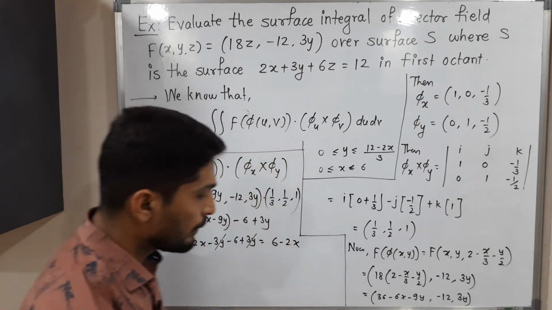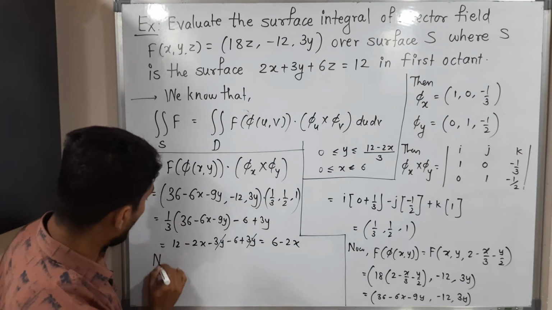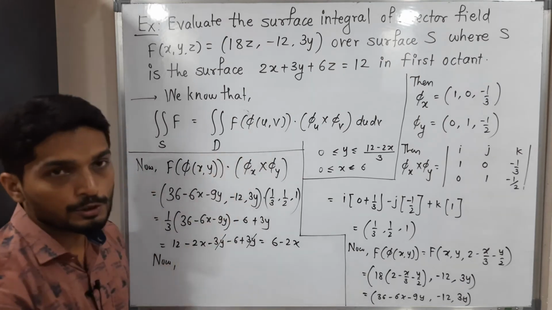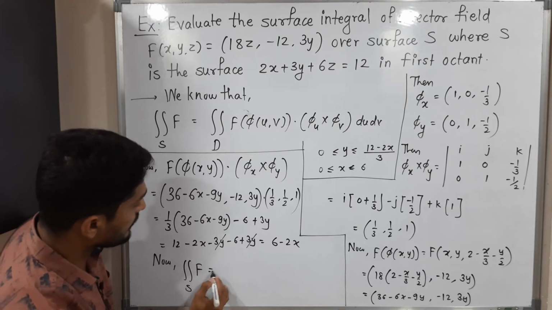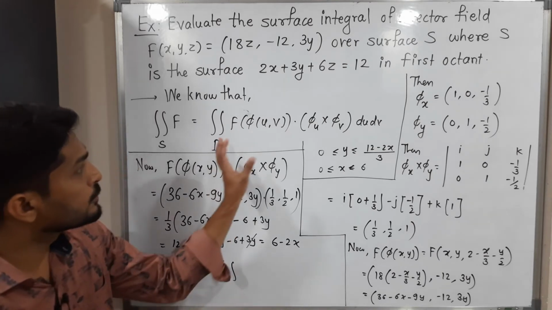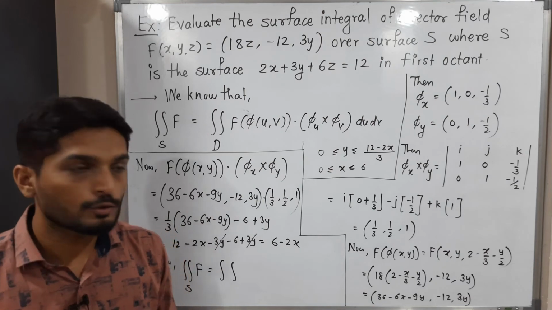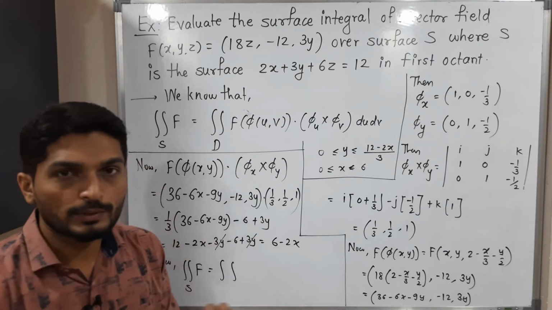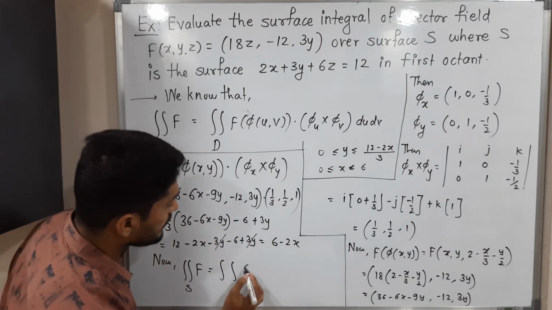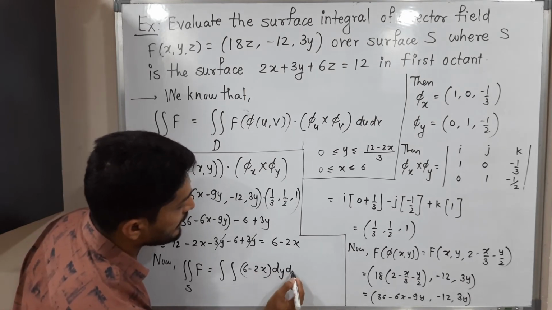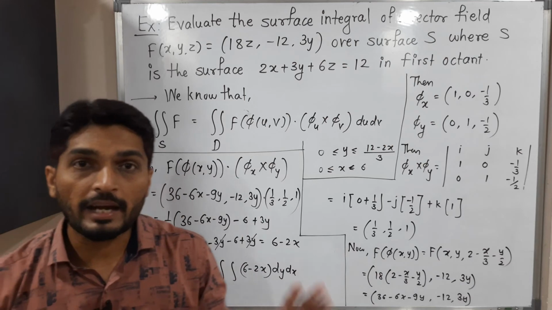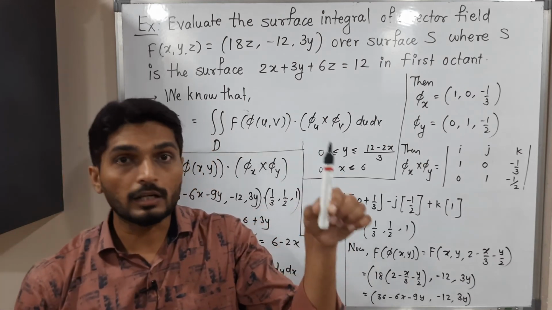Okay. So now I'm putting all those values in this definition. So yes, double integration f over s is equal to double integration. So the value of dot product is also ready. So its value is 6 minus 2x. So simply put it here, 6 minus 2x. We have dy dx. I am writing dy dx. Since you remember, we had considered a strip parallel to y axis.